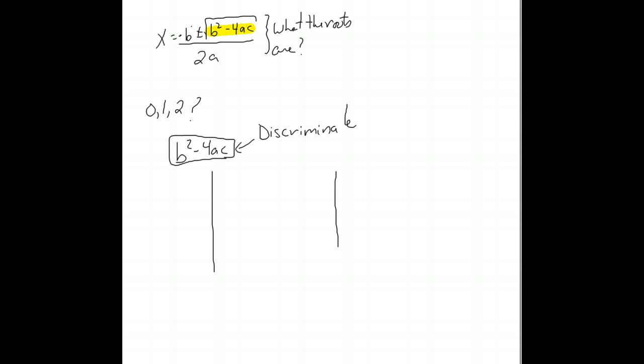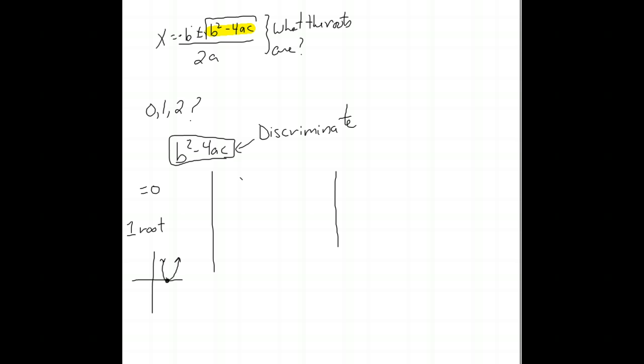It's just a name put on that. So if this discriminant works out to be equal to 0, there is one root. And what that would mean is that the graph touches the x-axis at one place.